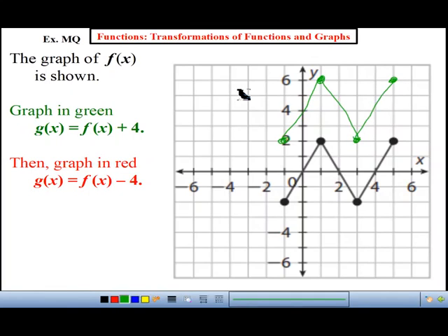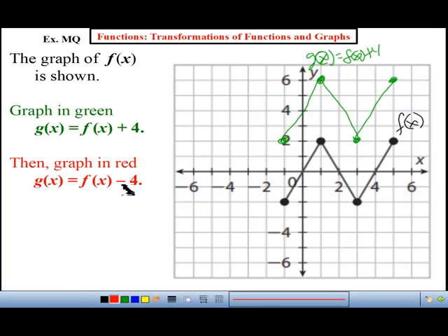And I label this what? g of x equals f of x plus 4. What do we label this one in black? The original in black is f of x.